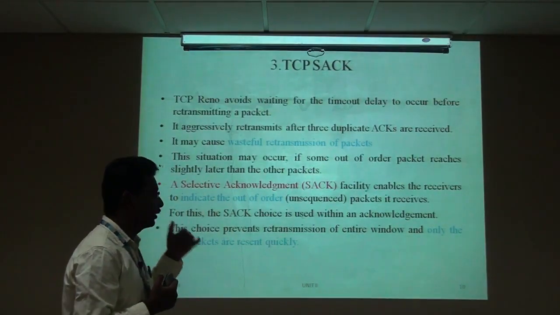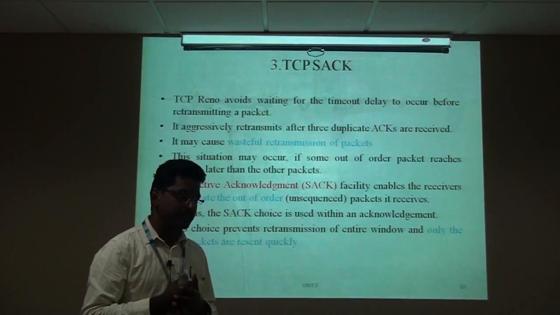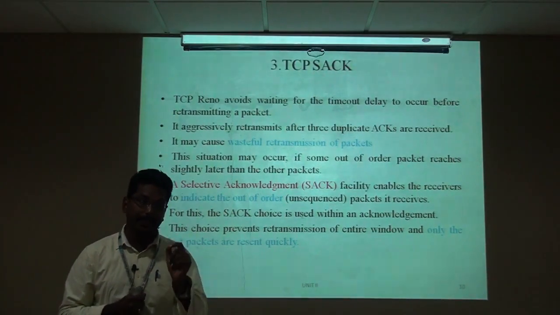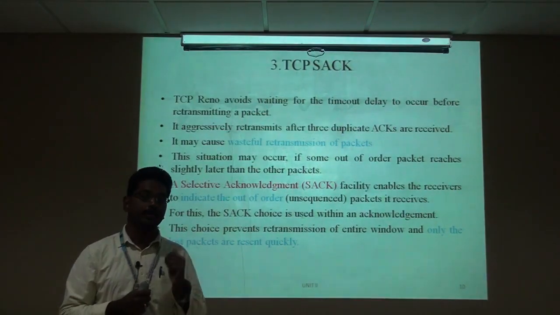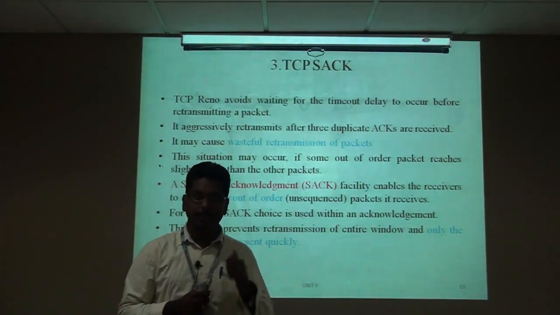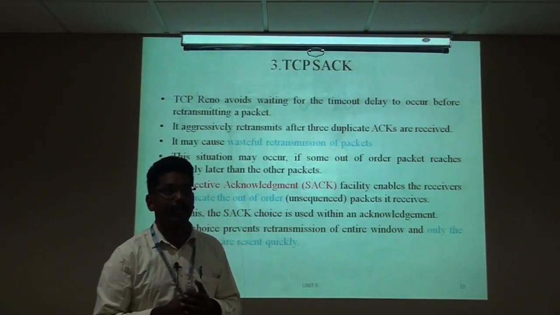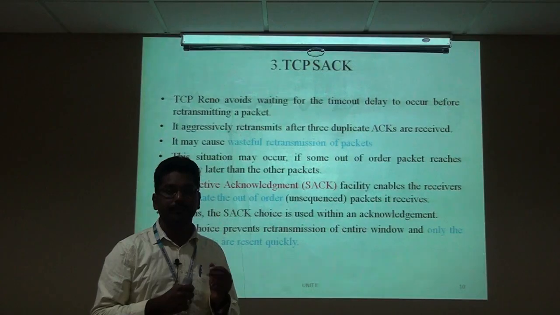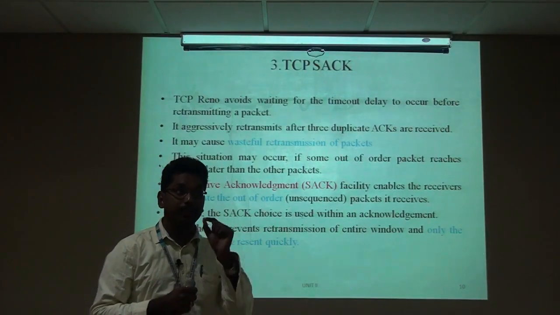It is the selective acknowledgement, which enables the receiver to send the sequence number of only the particular packet that has been missed to the sender. Suppose we have a packet with 5 data and we are missing only the third data.